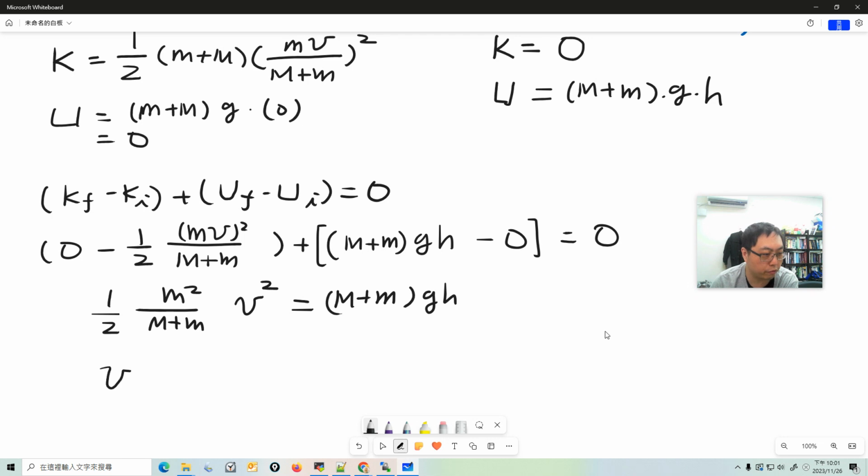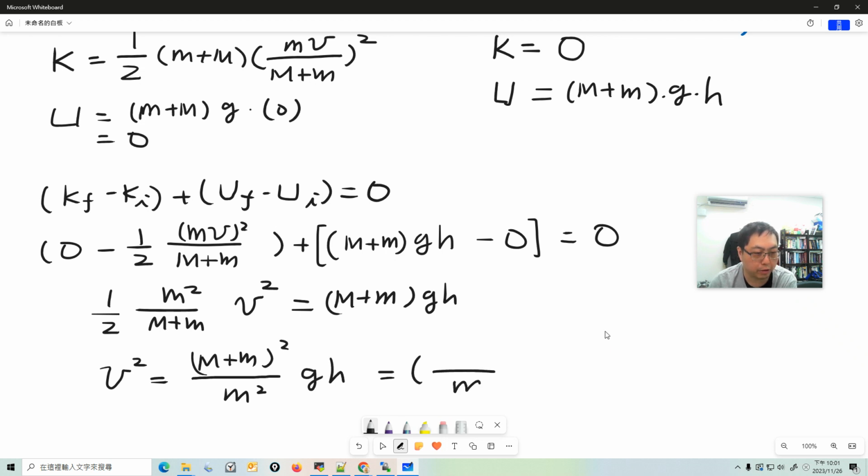So we will find v squared is equal to M plus m squared over m squared, times g h. That's a more beautiful format.